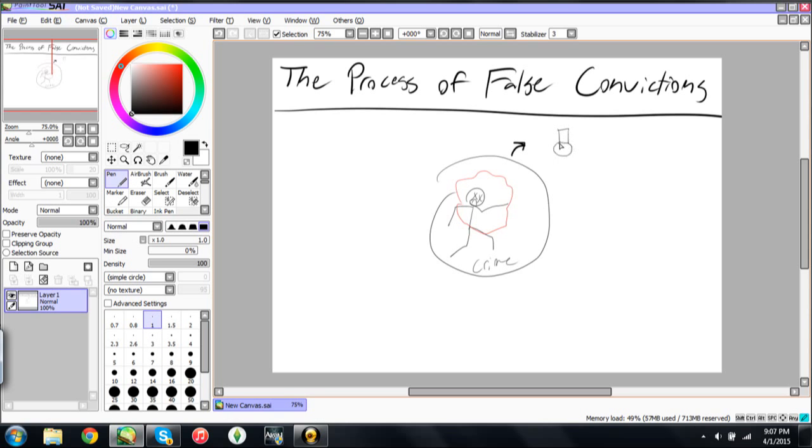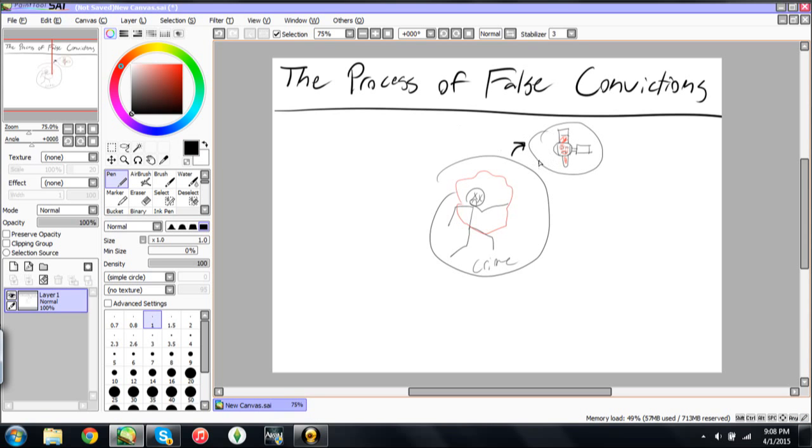For the sake of this example, we're going to use a crappily drawn blood sample in a test tube with a magnifying glass. So, let's color that kind of red. So, blood under a magnifying glass. So, that is our evidence.